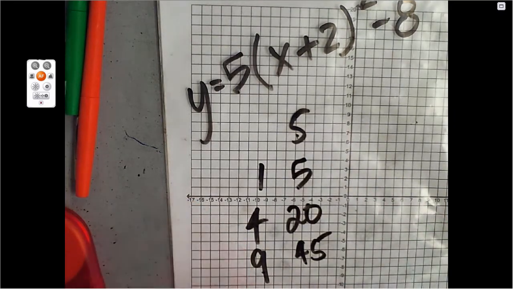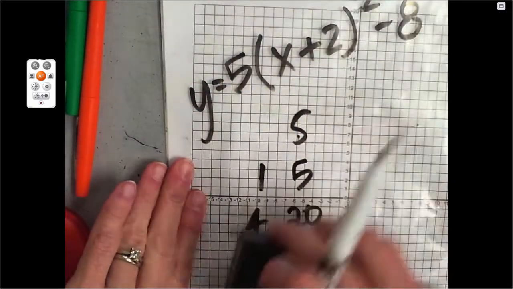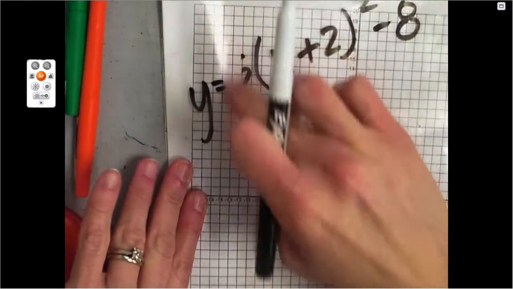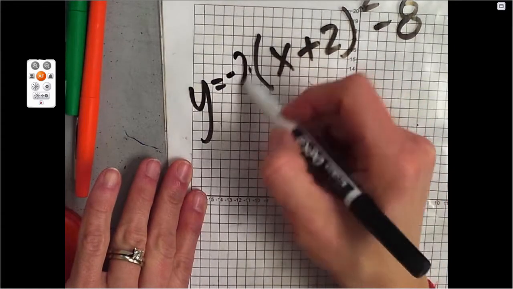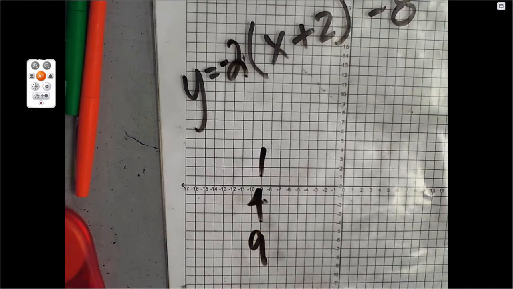You're not counting by 5s. You're multiplying the original step pattern by 5. Okay, what if it was -2? But negative on all those.